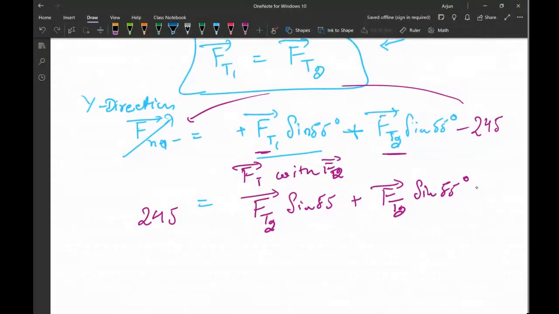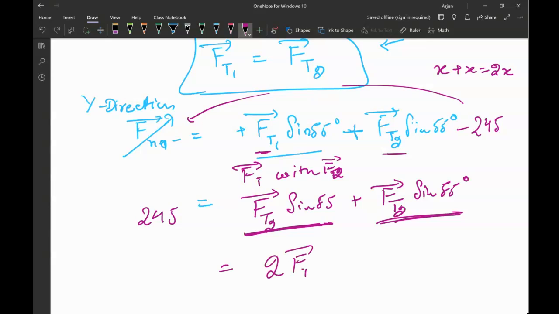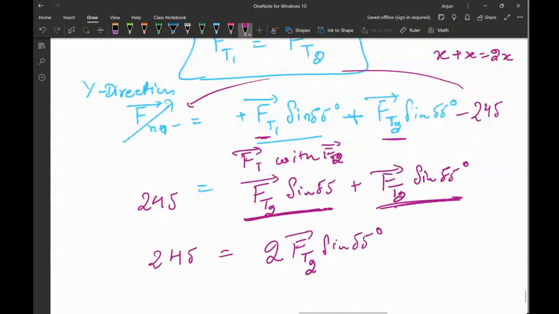All right. Now remember the concept, x plus x is what? 2x. So ft2 plus ft2 means same value. If I add them, this will be 2 ft2 sine 55 degrees equal to 245.